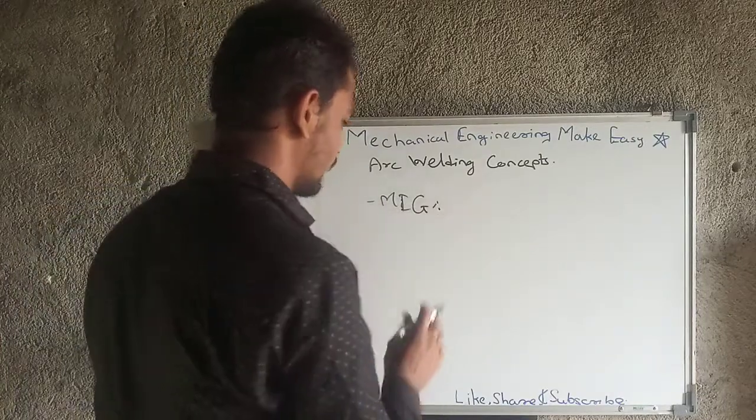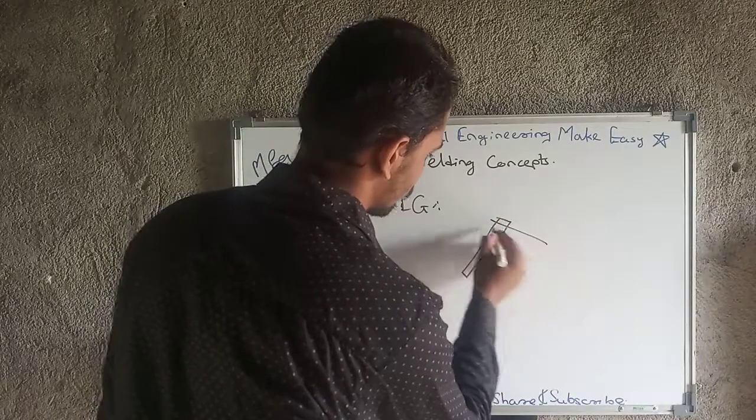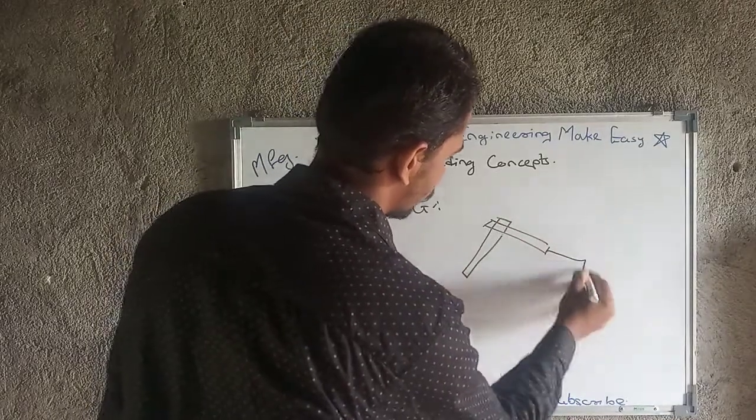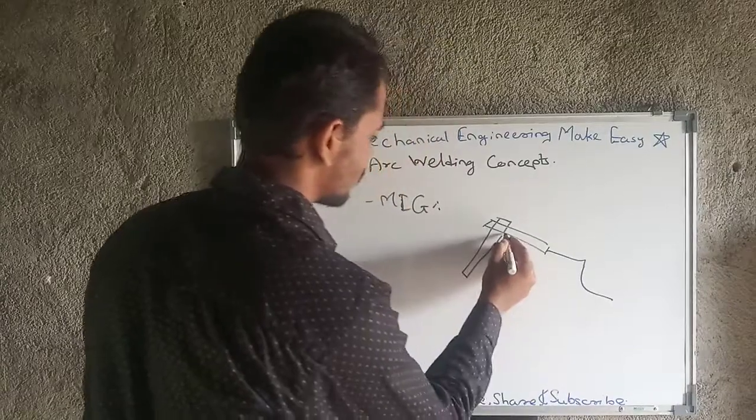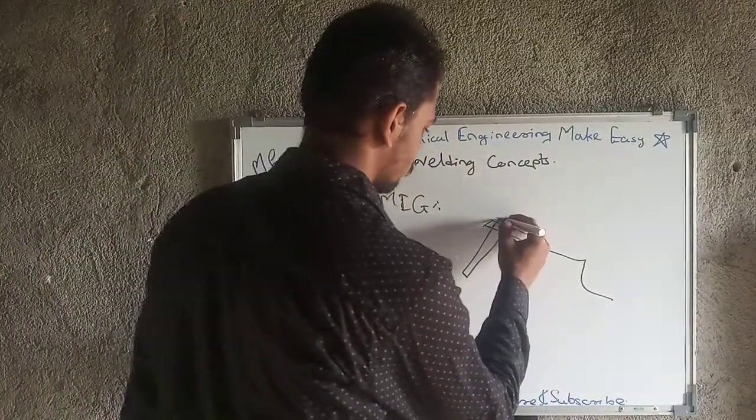Metal inert gas welding. In the case of MIG, compared to TIG, there is only one difference: here filler material will not be required.